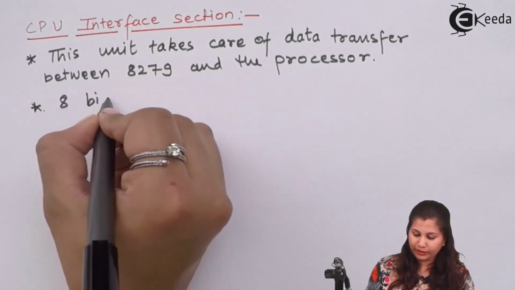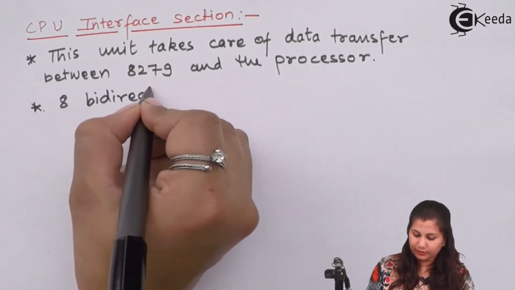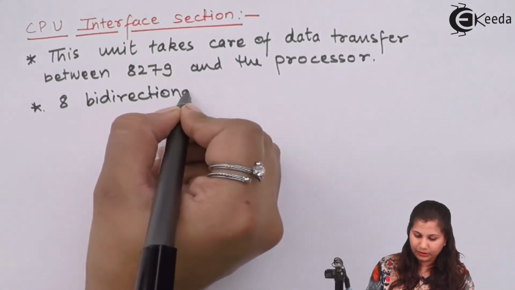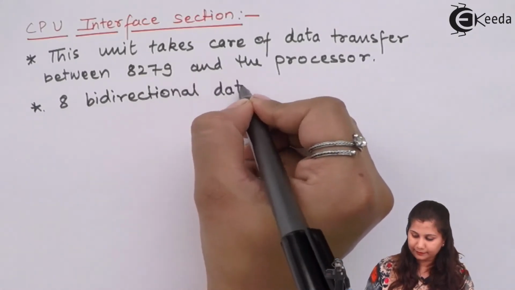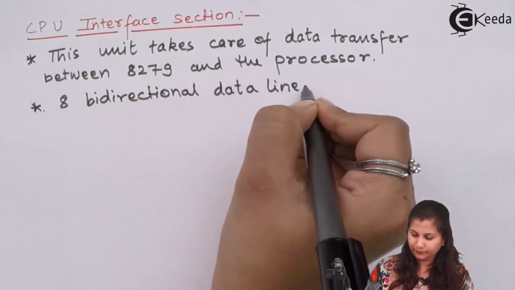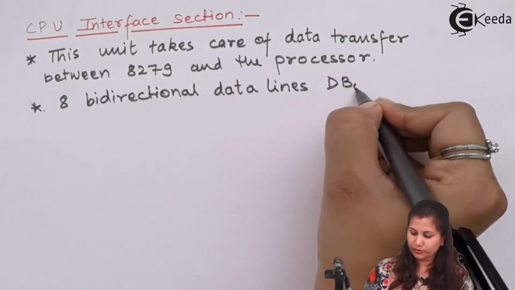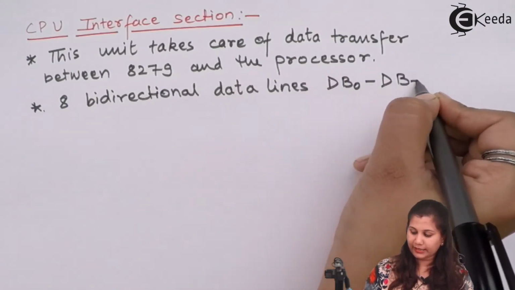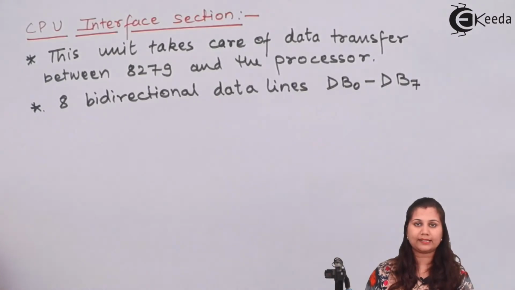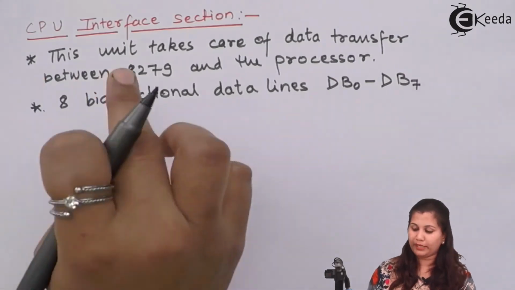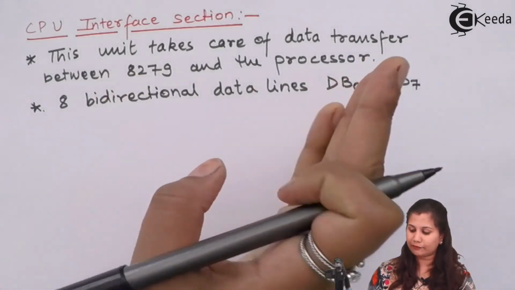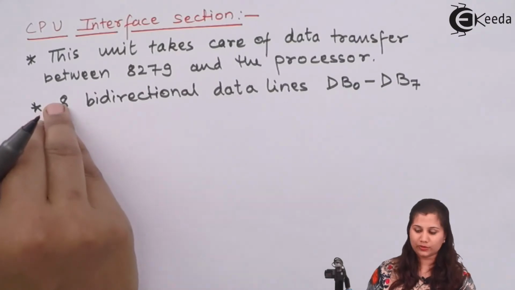It consists of the 8 bidirectional data lines, DB0 to DB7. These are bidirectional so that the data can be transferred in both directions, from 8279 to the processor and from the processor to the 8279.